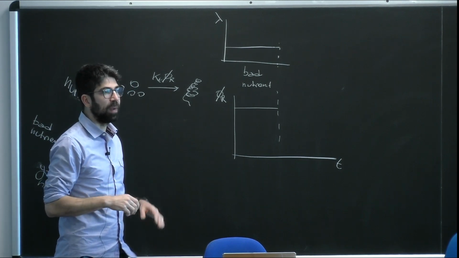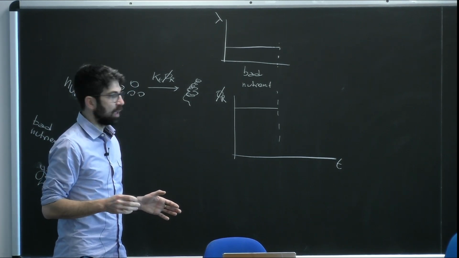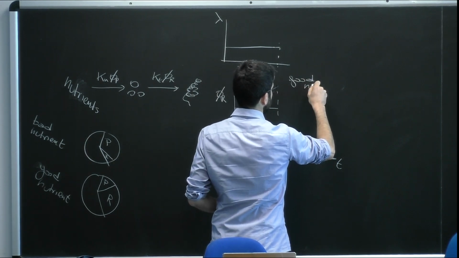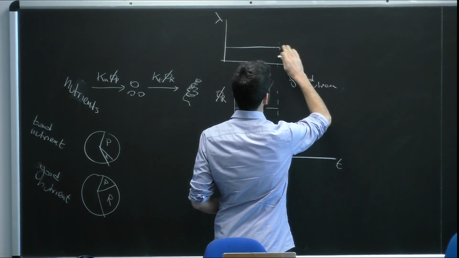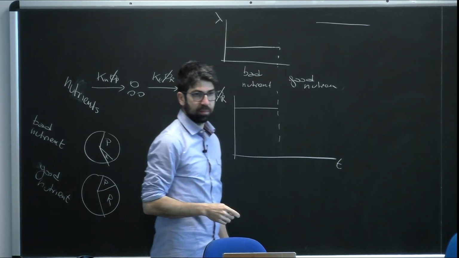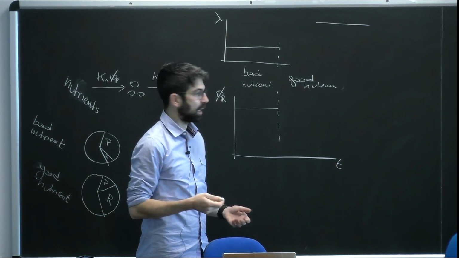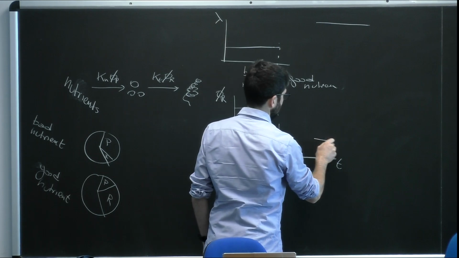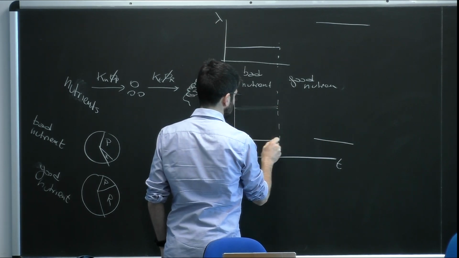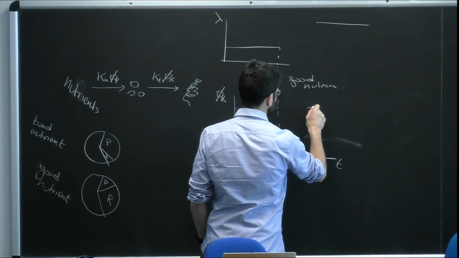You expect there will be some transition. So here it's good nutrient. Something will happen here, and then you're going to end up here with a higher growth rate. Sorry, it's the opposite. So this is like this, and then with a larger phi R.